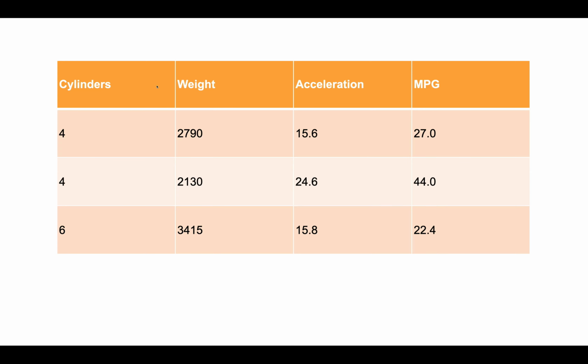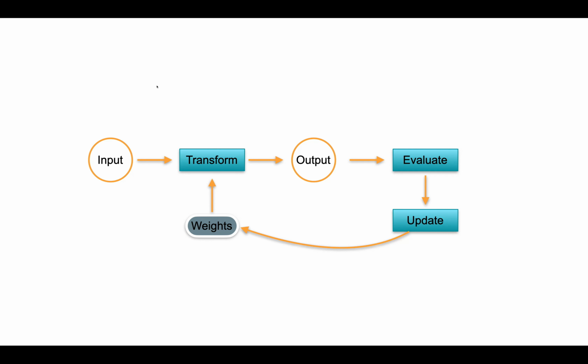But how does the machine actually do that? How does the machine look at these examples and learn how to produce the output, which is the mpg? This is the theory of how the machine does it. The machine will get the input into your machine learning model, but at this point, let's just call it our program.